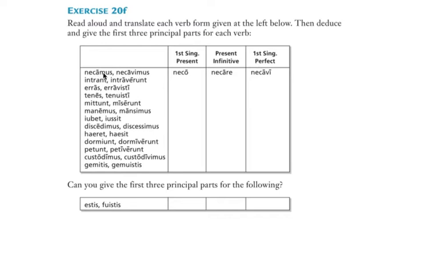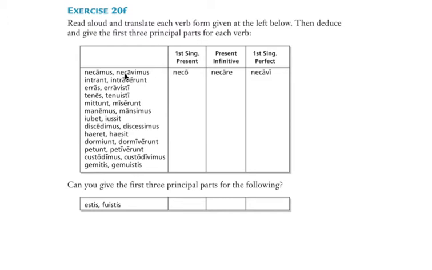Nekamos, you know that long A certainly looks like first conjugation. That's an RA verb. That long A sort of gives that away. So from that alone, you should be able to come up with neko, nekare. Now, when you look at nekavimos, this is the perfect tense, and that's what the third principal part, this third column here, one, two, three, is for, which is really where we get perfect tense verbs from. You can deduce that nekavi from this nekavimus.